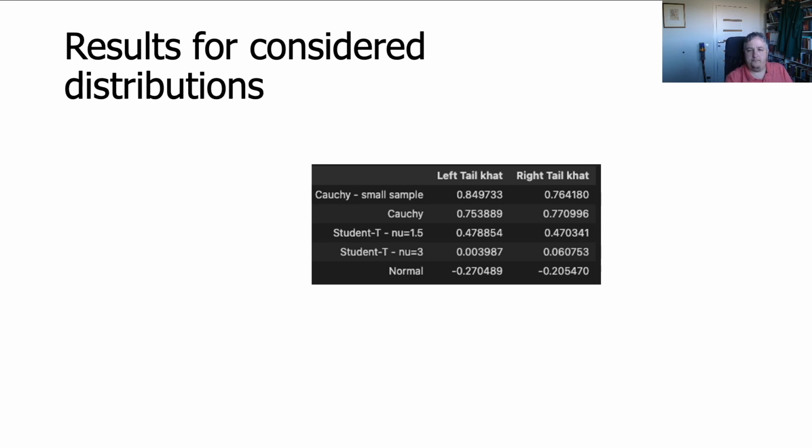However, for student t-distribution between values 1 and 2, so for 1.5 degrees of freedom, there were significant k hats between the 0.25 and 0.7 thresholds, so something can be done with that with a bit of care. For Cauchy distribution, we are well above 0.7, especially in small samples, because in small samples the k hat becomes even higher.